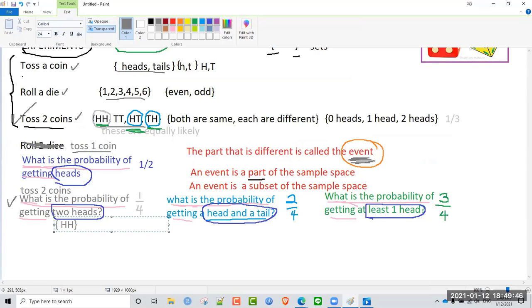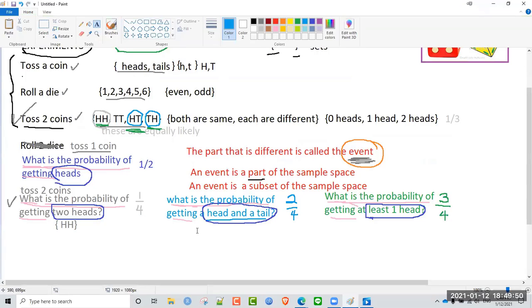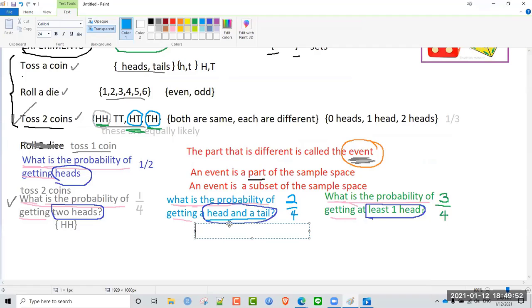In this case, the subset is head and tail. That was these two. So we could write HT, comma, TH. And that's the subset. And in this case, the subset is the green ones.